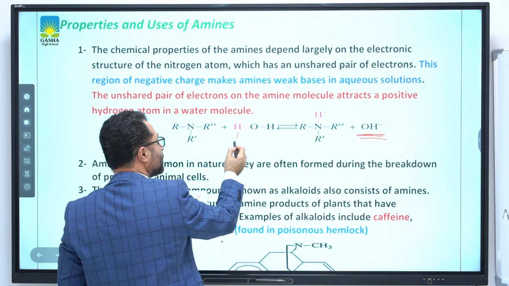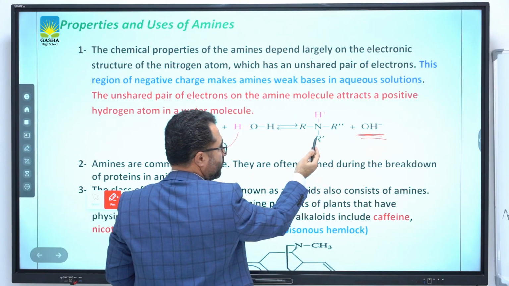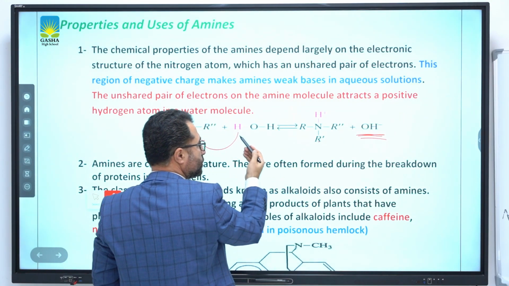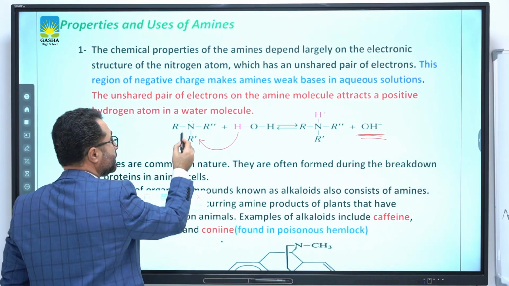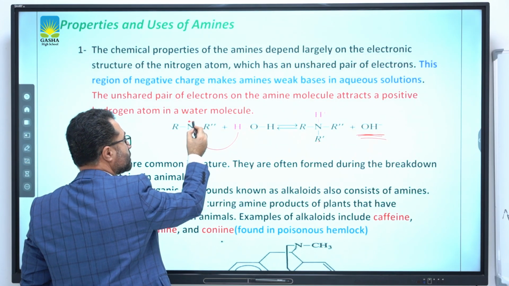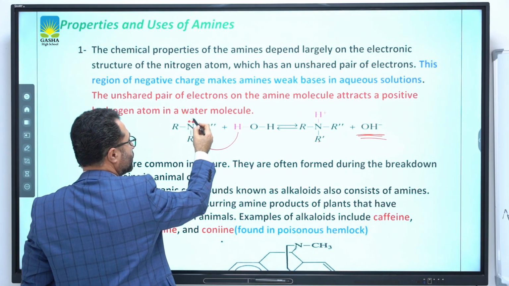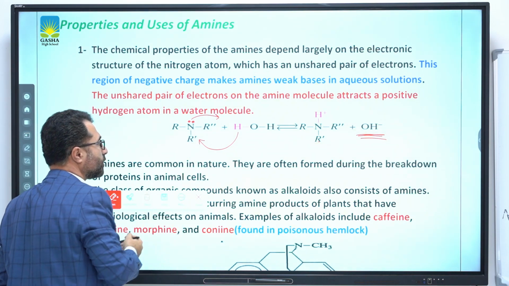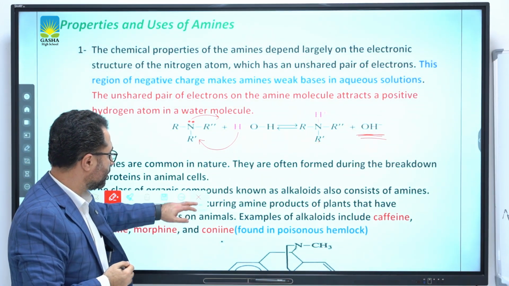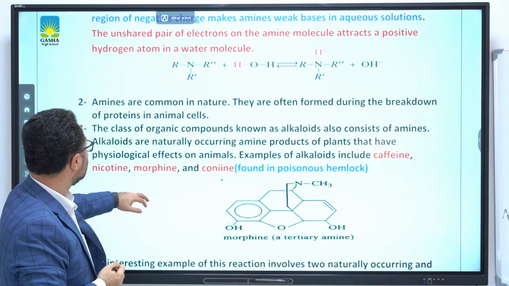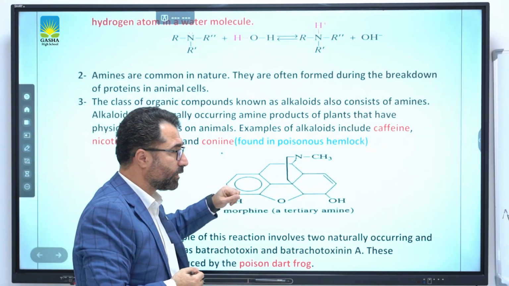It can accept a proton in solution to become positive according to Bronsted and Lowry. And on the nitrogen you have a pair of electrons you can donate, so it will be a base according to Lewis's definition.